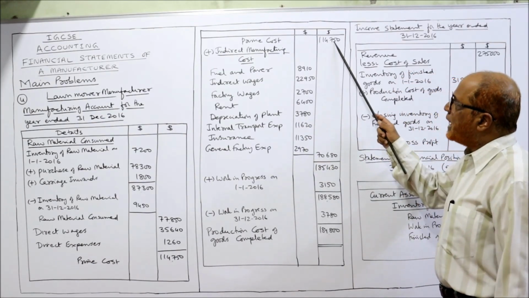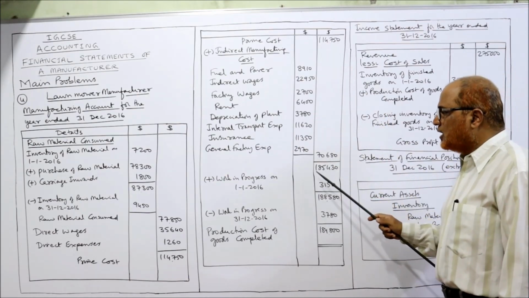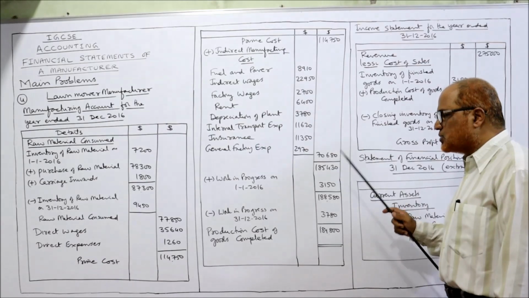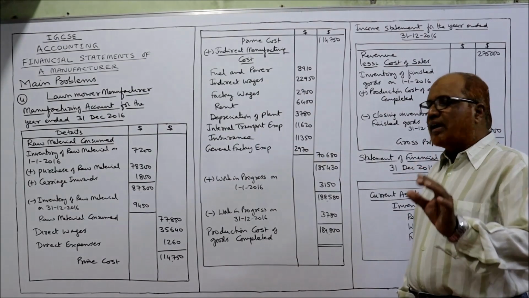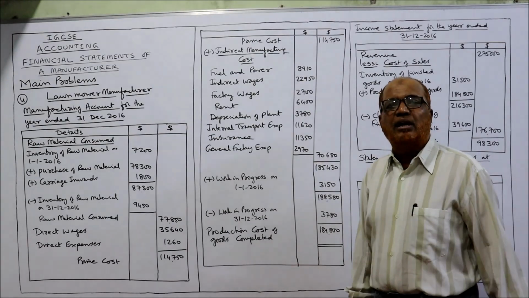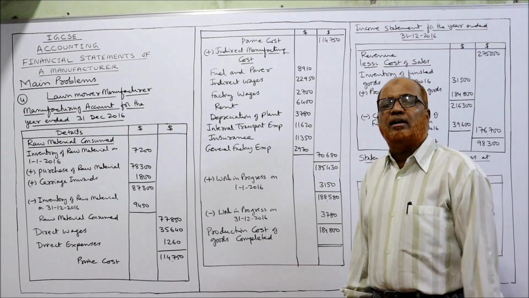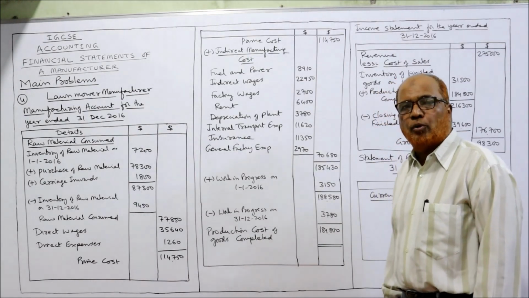Now you add up prime cost 1,14,750 plus 70,680. You will get total 1,85,430. To this 1,85,430, add opening inventory of WIP and deduct closing inventory of WIP, work in progress.